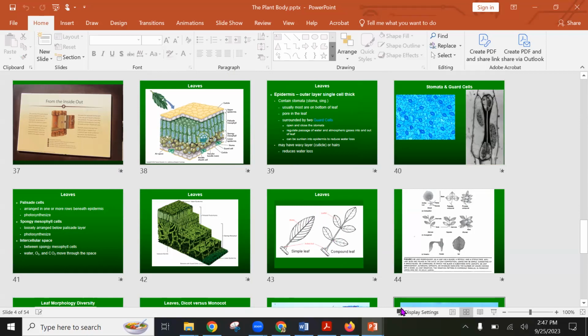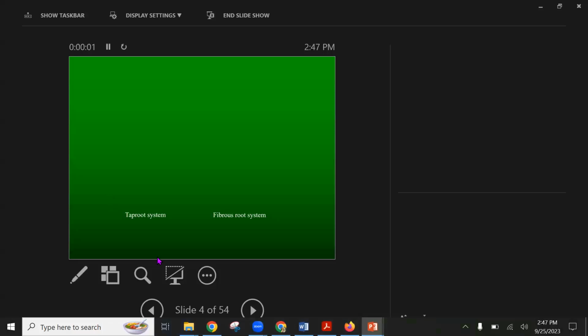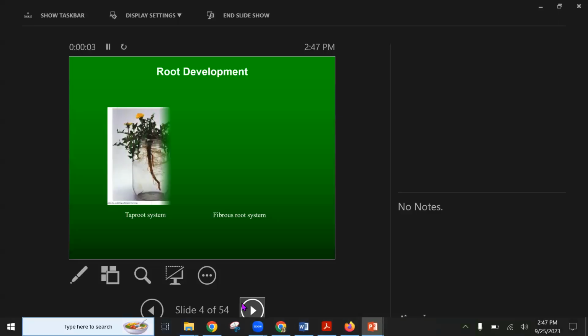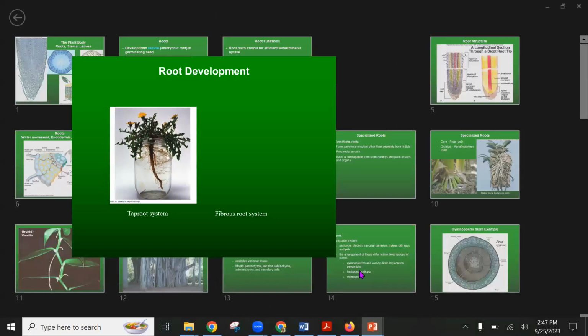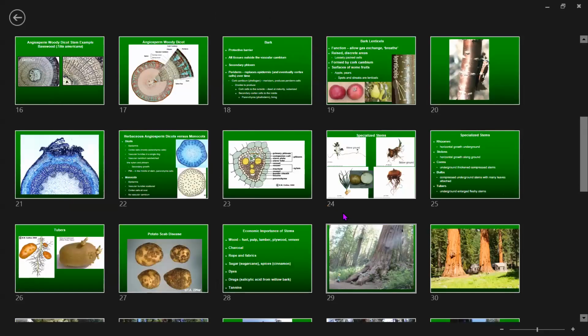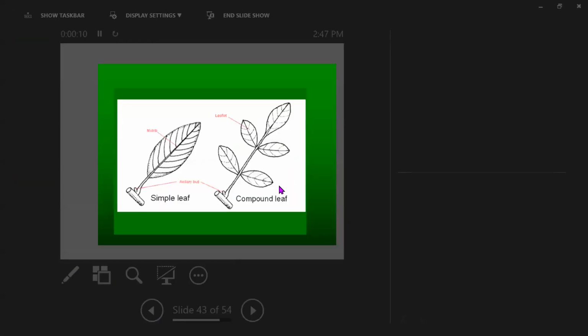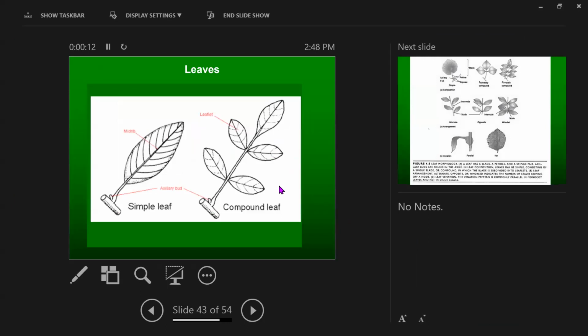Do you remember how to tell the difference between that? What are you looking for? Is that a simple leaf or a more complicated compound leaf? The axillary bud. If it has an axillary bud at the base of the petiole, so here's the leaf blade, the petiole, then that is a simple leaf.